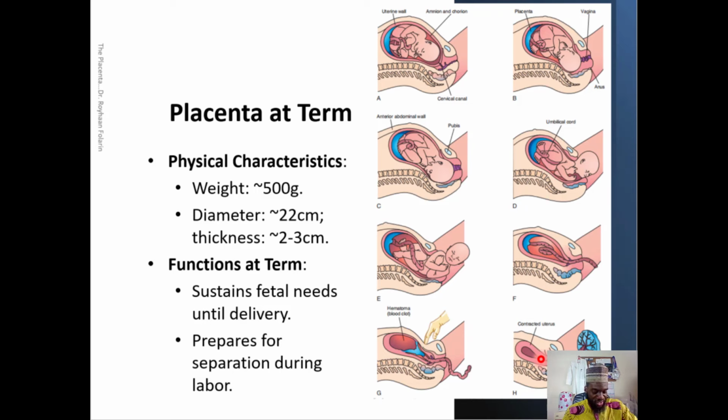This is a very interesting process, and it's a common understanding in Yoruba language that it's one thing to give birth to the child; it's another thing to also give birth to the placenta. Both are very important because until that is done, the job is not over. So congratulations, we have a new baby.